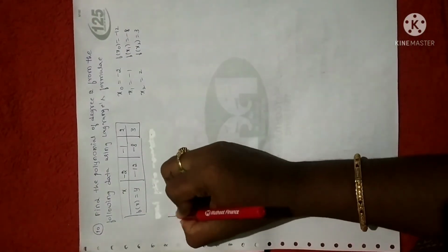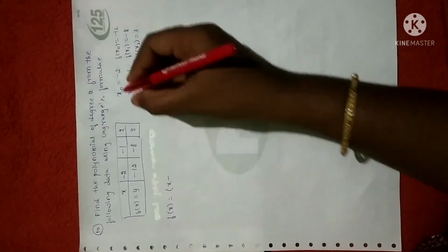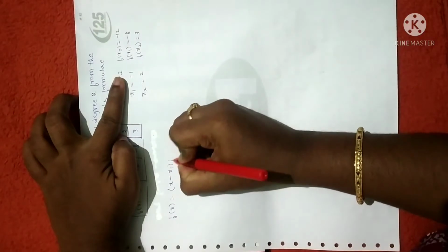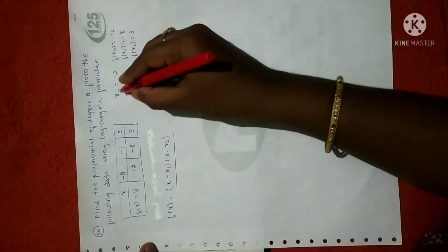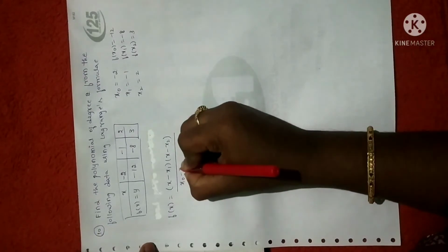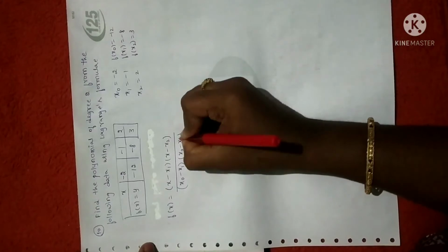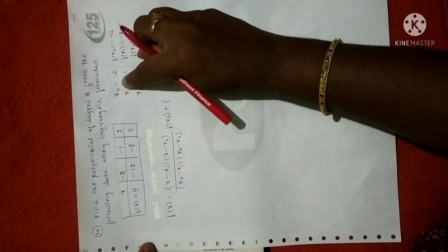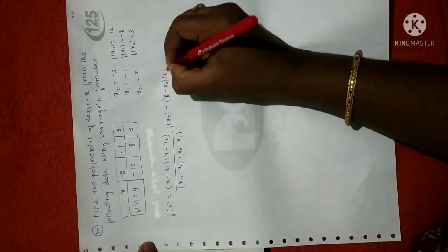Now Lagrange's 3-point formula I am going to write as usual. So first is x minus, you should not write x0. Leaving x0, you have to write the remaining: x minus x1, x minus x2 divided by, now in place of x we need to write x0, x0 minus x1, x0 minus x2, remaining term as it is. Next multiply with f of x0 plus, next we should not write x1, in the sense remaining we have to subtract: x minus x0, x minus x2.